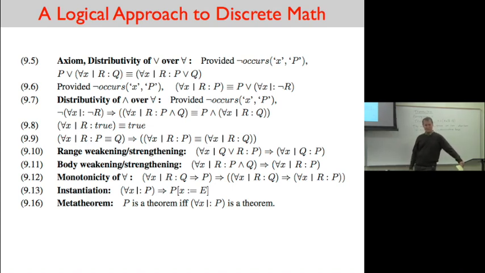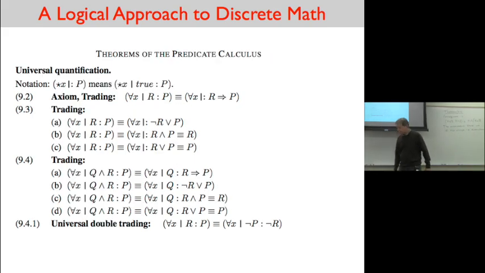And then I used trading like 9.3a. Say if I have a quantification equivales a quantification, and the range is the same on both.